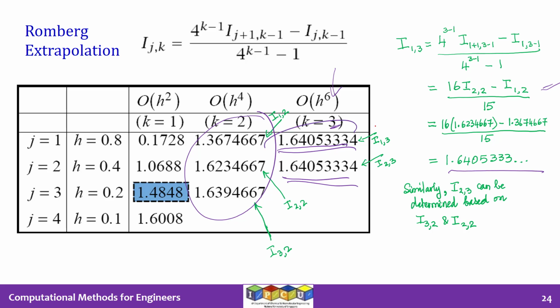Again, you can find I2,3. I2,3 will be in terms of I3,2 and I2,2, with weights 16 and 1, divided by 15. So you can get it, and you will find it to be this. To finish off, this is the Boole's result you get with h equal to 0.2. This is the Boole's result you get with h equal to 0.1.